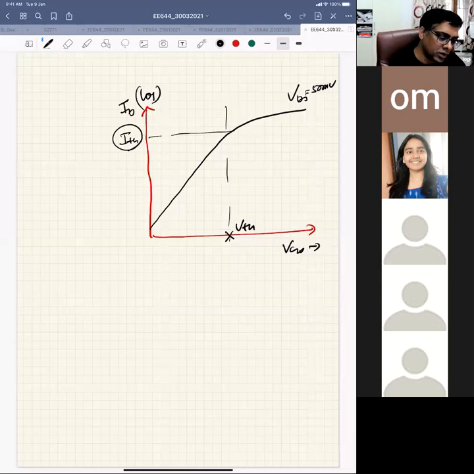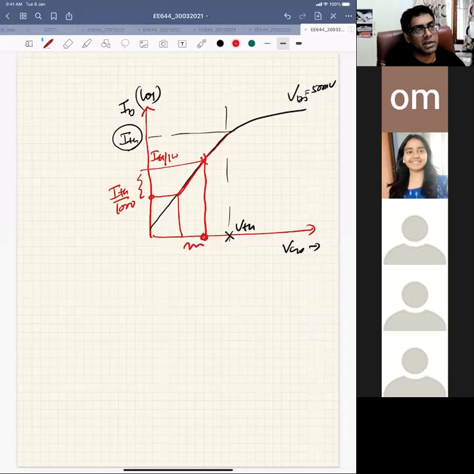So you go 1 to 2 orders down. If this is ITH, then you go to ITH by 100 and take a point, then you find what your VGS is. Then you go to ITH by 1000. That means there is a decade change in current and a millivolt change in VGS, and millivolt per decade is the slope here.